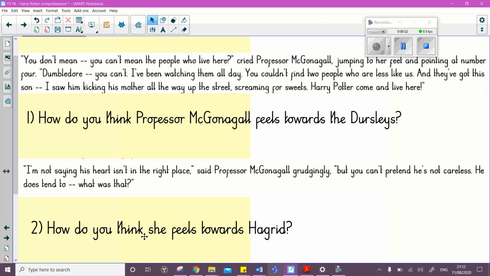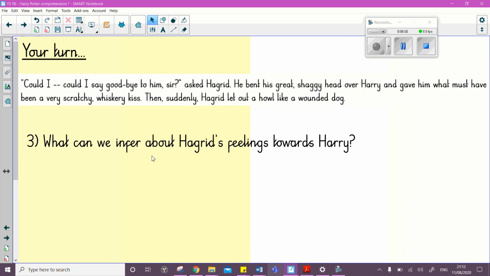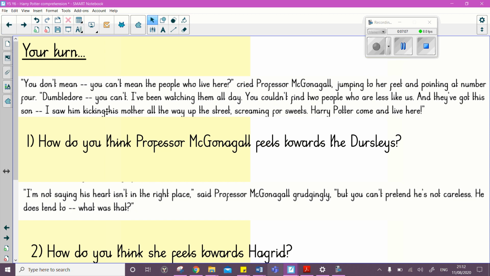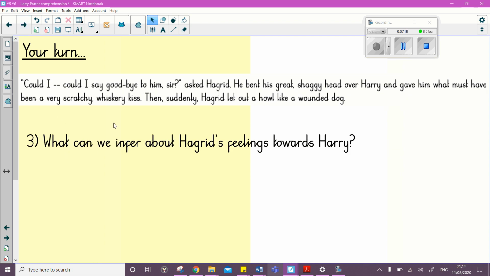Number 2, how do you think she feels towards Hagrid after reading this extract? And then number 3, what can we infer about Hagrid's feelings towards Harry after reading this extract? So I will go back to questions 1 and 2. You can pause the video now to answer questions 1 and 2, and then replay the video and you can have a go at question 3.